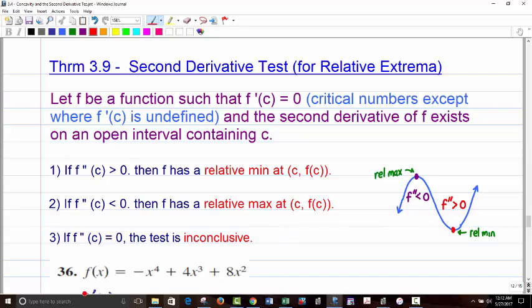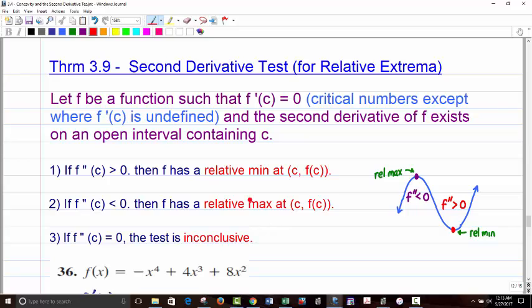Maybe there's an exception. Now you might think this seems illogical, that greater than 0, why would that be a min, and why would less than 0 be a max? Okay, well, let's take a look at the graph. I think we know that that's definitely a relative max right there on top, correct? And then a relative min on bottom. But notice that relative max is occurring in a concave down interval. In a concave down interval, the second derivative is negative.